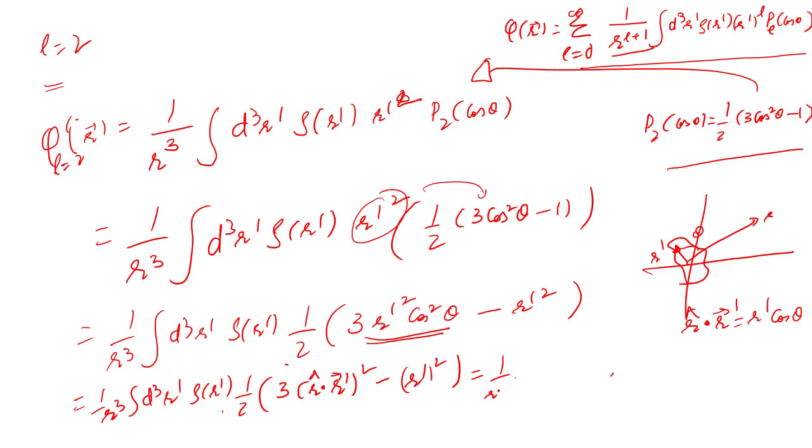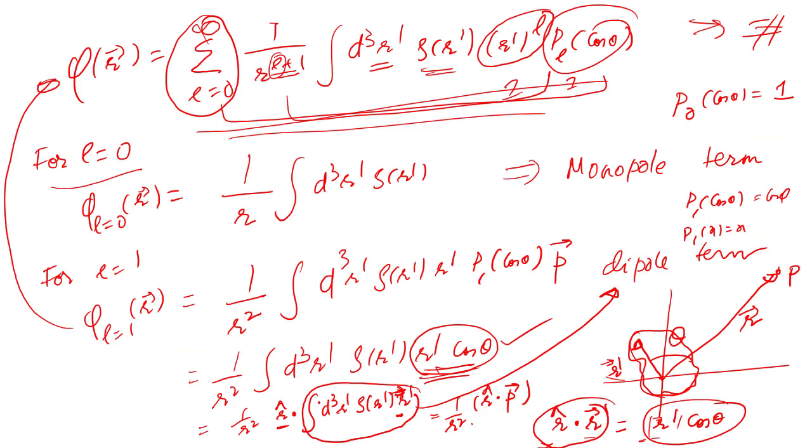I have 1 over r cube. Now if I were to pull out an r as a common factor, so in the previous example we had r prime cosine theta, but we had only one term, so we could pull r dot outside the integral. Recall that this integral is over the charged body, so it includes only r prime. It doesn't include r. That's why we were able to pull this r out.